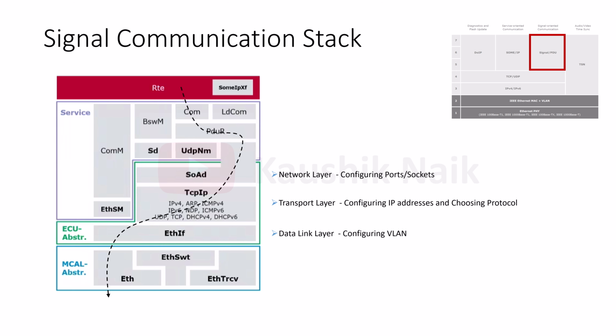Ethernet IF, Ethernet, Ethernet switch, and Ethernet transceiver can be related to layer 2 of the OSI layer. The Ethernet IF module involves configuration of VLAN. The Ethernet module involves configuration of the MAC address of the PHY.